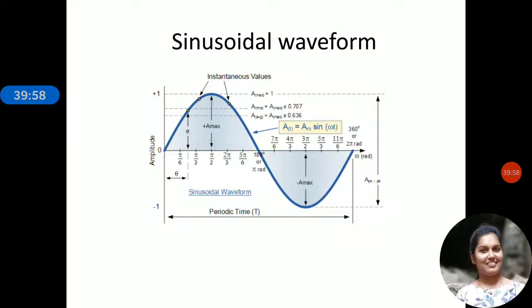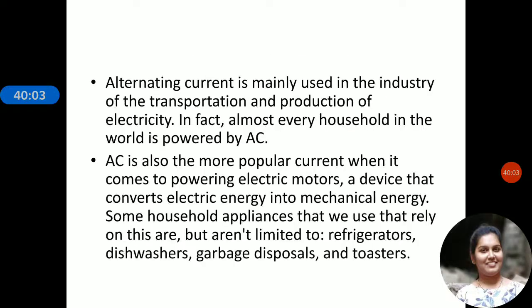Next we'll move on with the applications of AC, where this AC signal is being used. Alternating current is mainly used in the industry of transportation and production of electricity. In fact, almost every household in the world is powered by AC. AC is also the more popular current when it comes to powering electric motors, devices that convert electrical energy into mechanical energy.